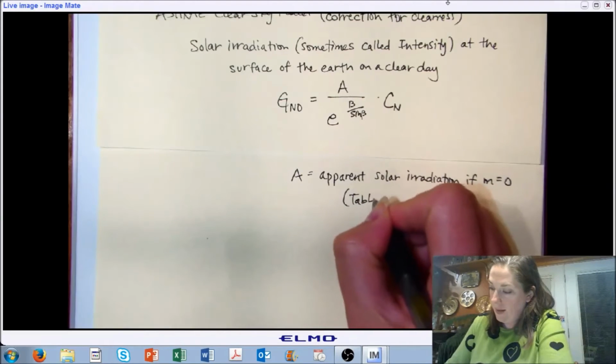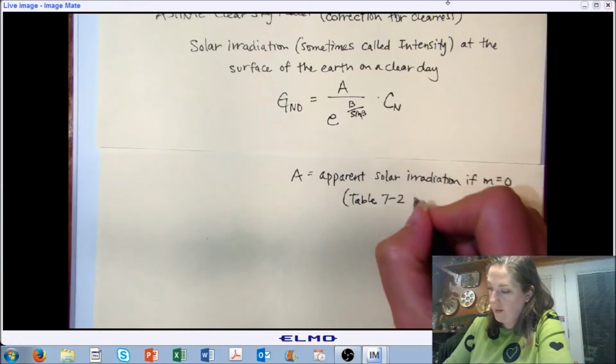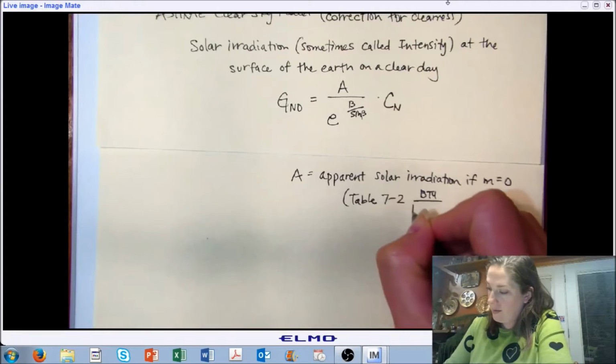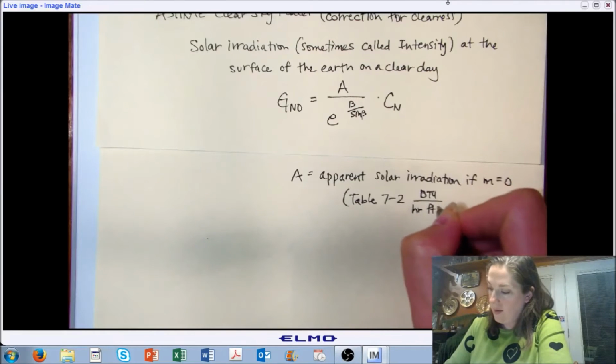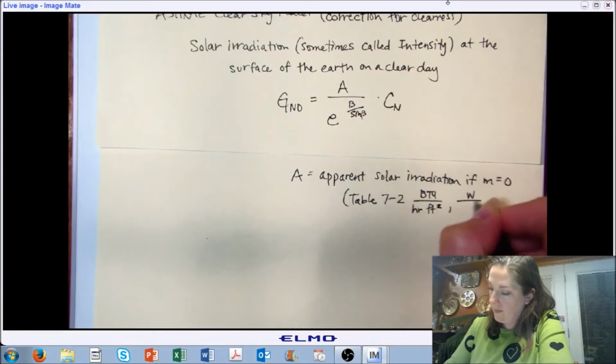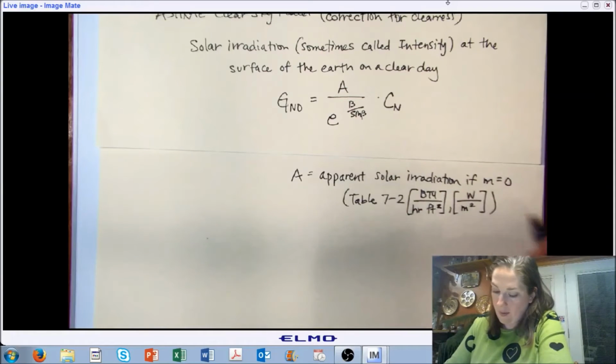And we're going to look at table 7.2 to get this value. This is kind of our starting estimate, kind of like we had the value if we were in outer space. This is kind of the best estimate value to start with.